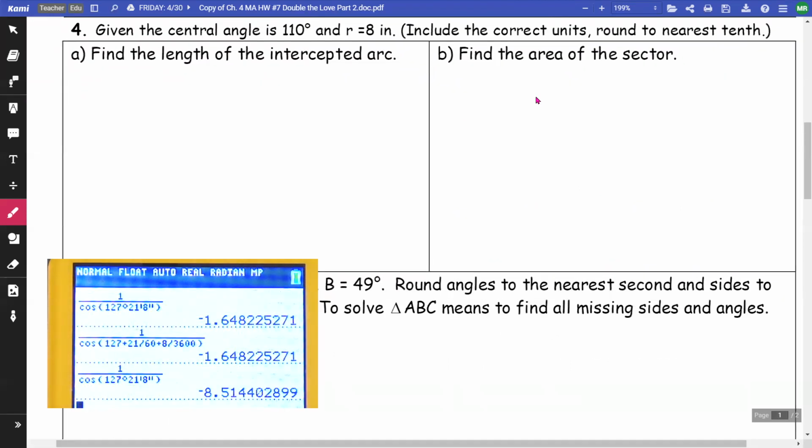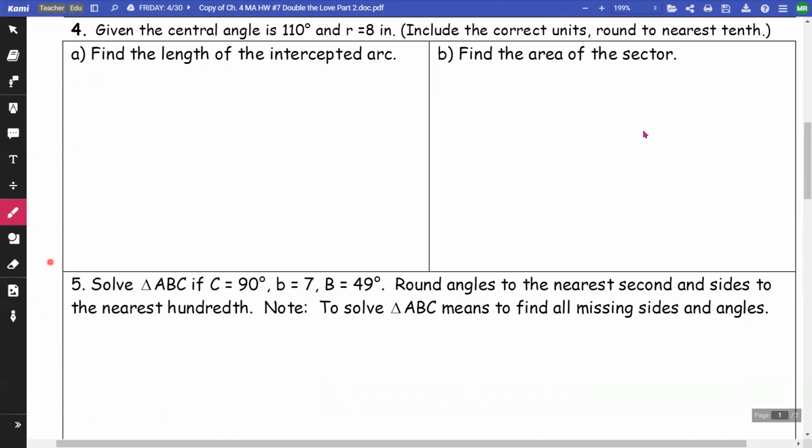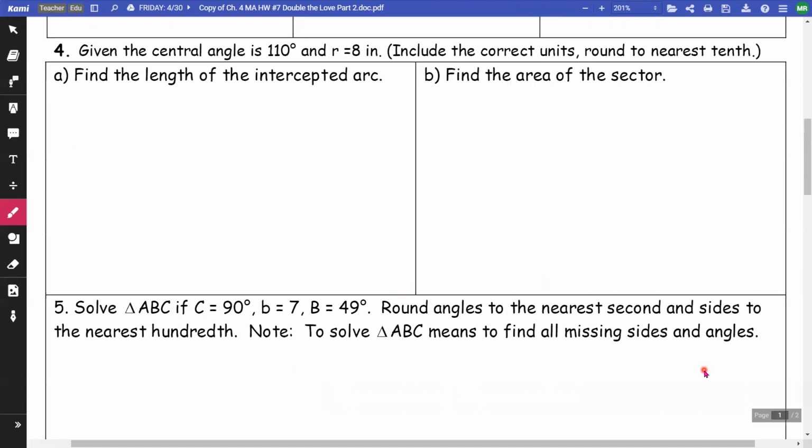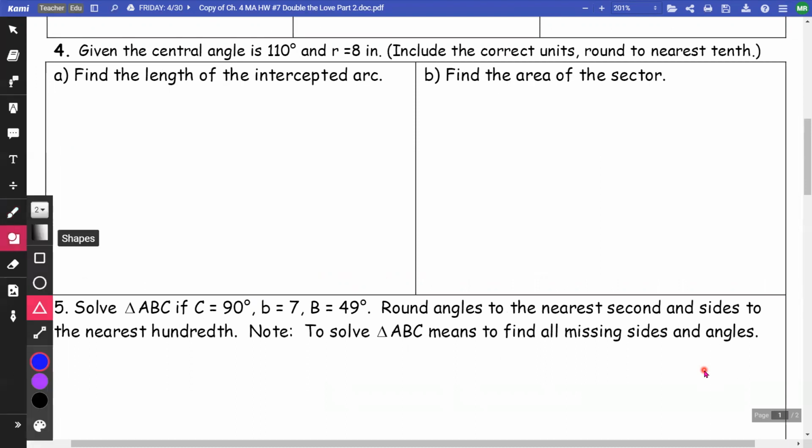Okay, so the next section: given the central angle is 110 degrees and your radius is 8, round your answers to the nearest tenth and put the units. So I'm going to draw a circle.